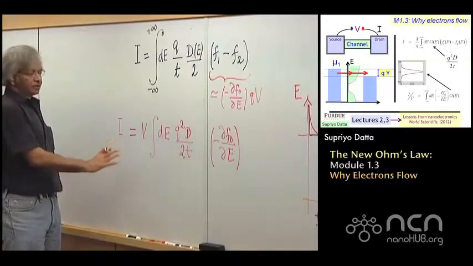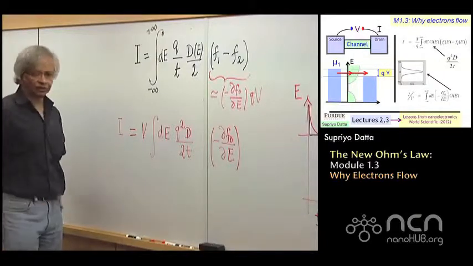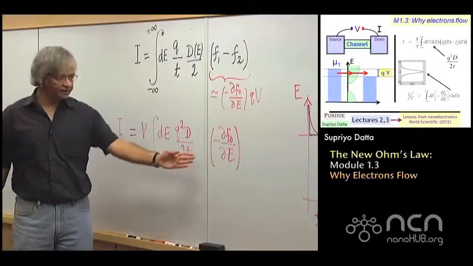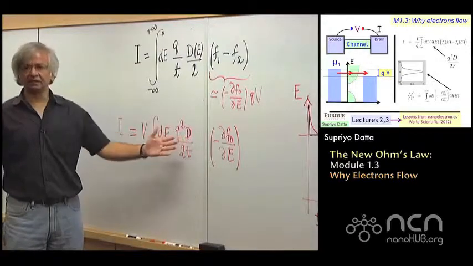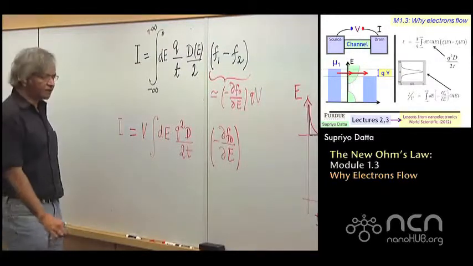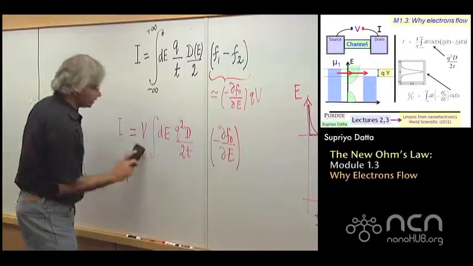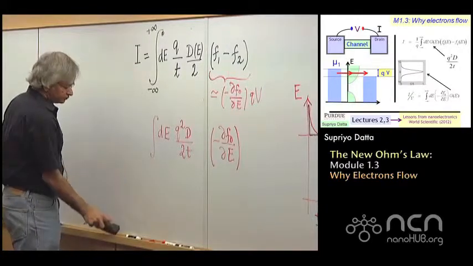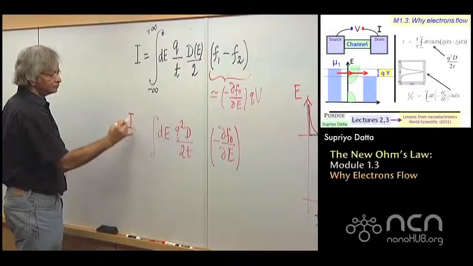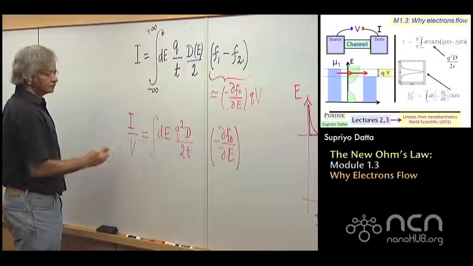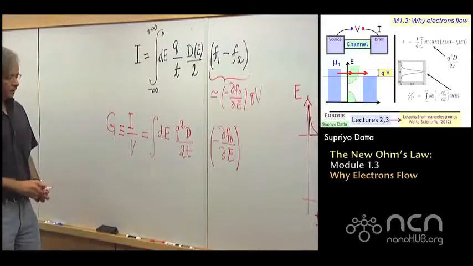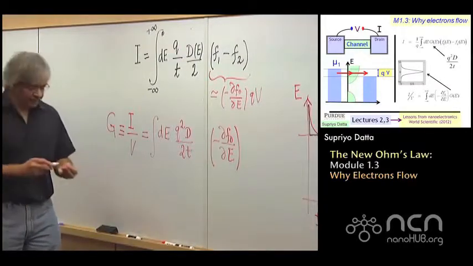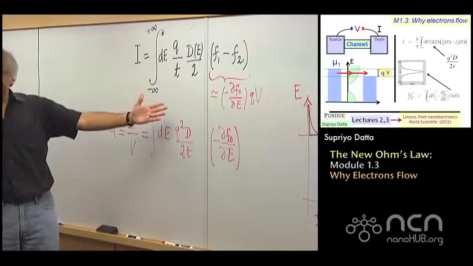And now you see current is proportional to voltage, which means whatever is on the right here is something you could identify as the conductance, because I divided by V is the conductance. And that is, of course, the conductance. So this is then the expression for the conductance.